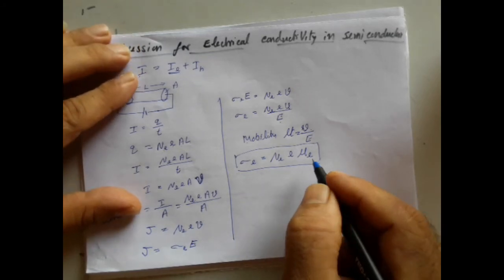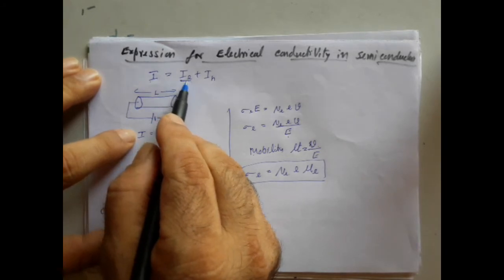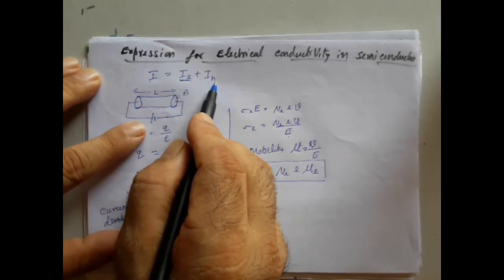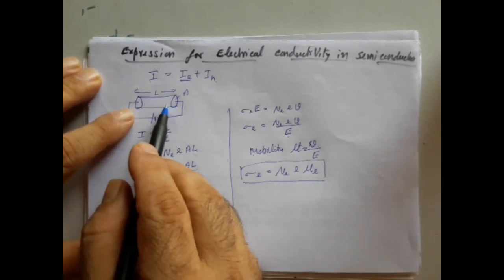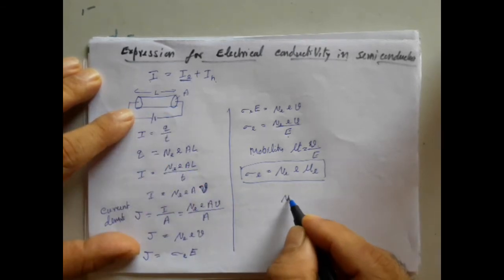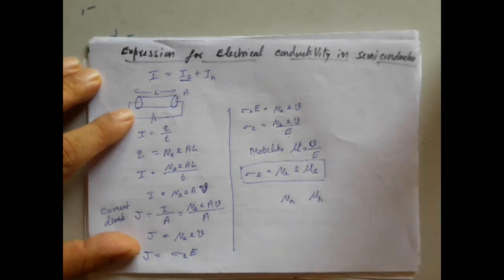But as I already said, the conductivity is not only due to the electrons but also due to the holes. Therefore, if you consider in a similar manner in the given conductor, let Nh be the number of holes that are present, and they are all having the mobility mu h, and the charge of the holes is also equal to the charge of the electron.